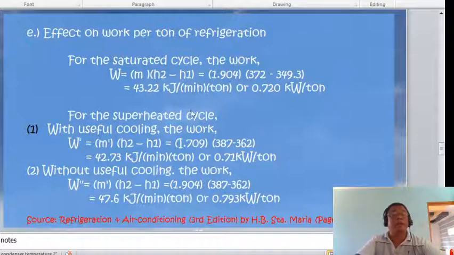For the superheated cycle with useful cooling, m prime times H2 minus H1, that is 1.709 multiplied by 387 minus 362, so that is 42.73 kilojoules per minute per ton, or 0.71 kilowatt per ton. Without useful cooling, m prime times H2 minus H1, 1.904 times 387 minus 362, the value is 47.6, or 0.793 kilowatt per ton.